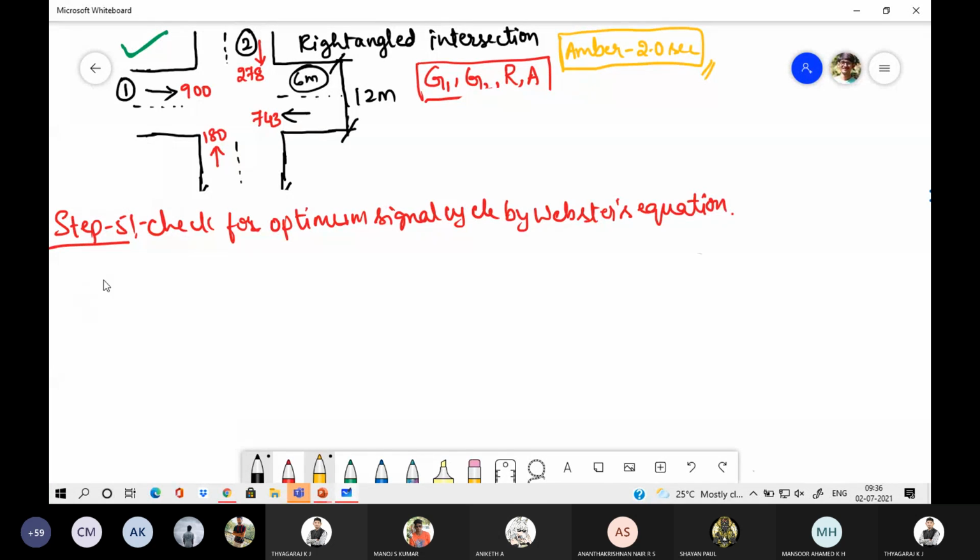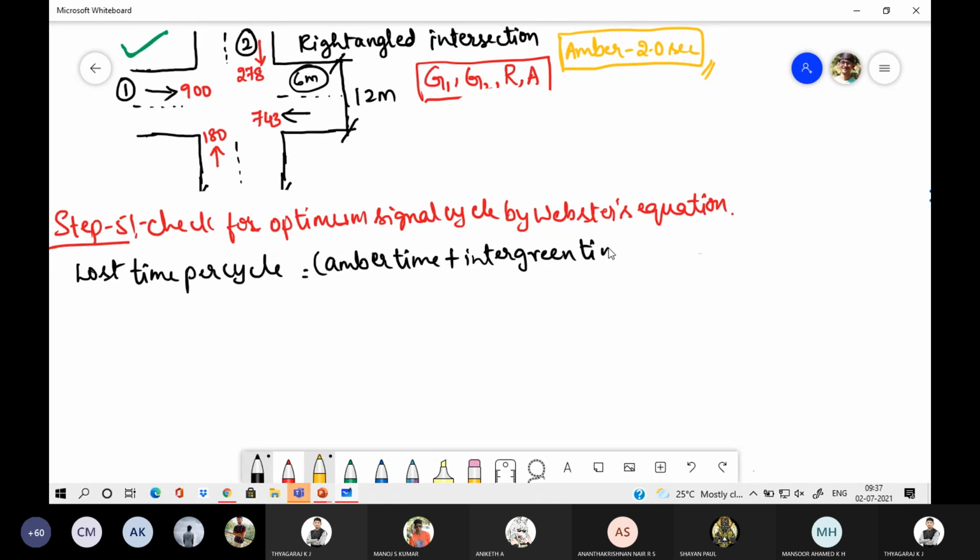Now make a note here. These are all the assumptions we are going to make in this IRC method. Lost time per cycle is equal to amber time, that is the yellow time, plus intergreen time, plus time lost for initial delay.